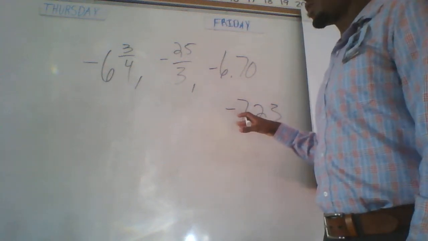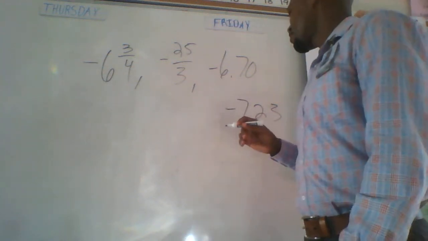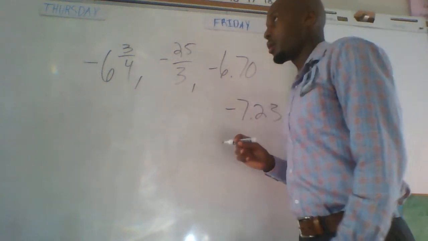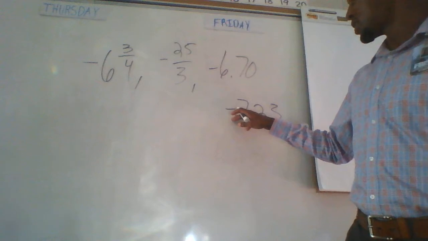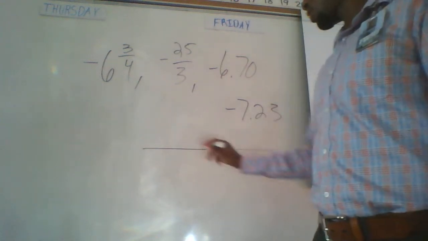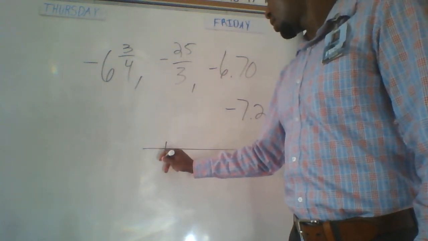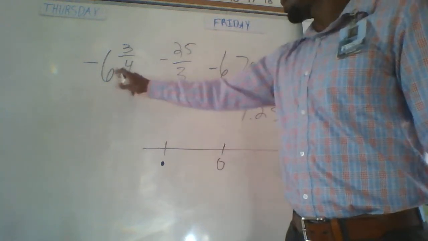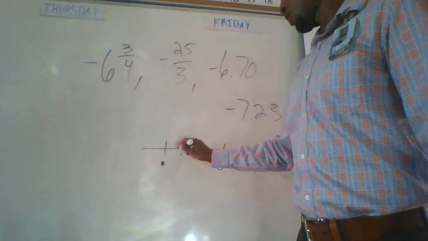The greater the absolute value of the negative number, the further left it is. So this -7 point something would be right here, and this would be 0, and the 6's would be over here somewhere.